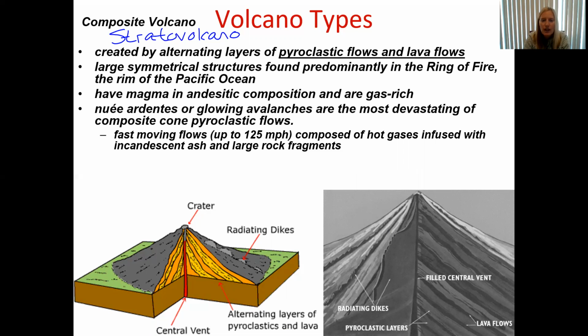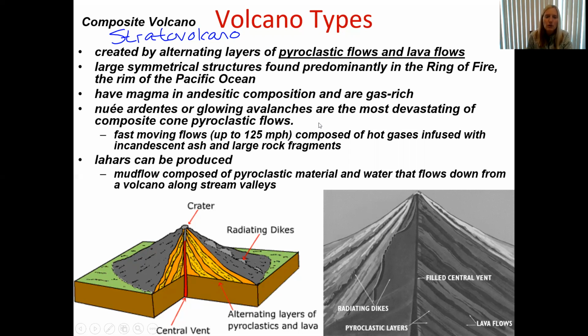So this is a glowing avalanche because it has those gases that were released mixed with the ash, which actually ends up being, like it says, glowing, along with rock fragments. So we kind of get this flow of pyroclastic materials that can come down the side very quickly and obviously be harmful or deadly to the people who are around.